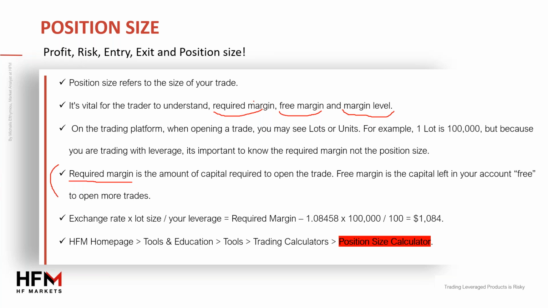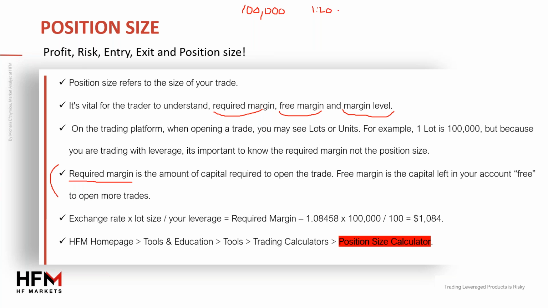Okay, so let's look at that example that we previously looked at, just so people have a good understanding. If you've got a position size of 100,000, so you're looking to buy 100,000 in euros against the US dollar. Okay, you have a leverage of 1 to 20.